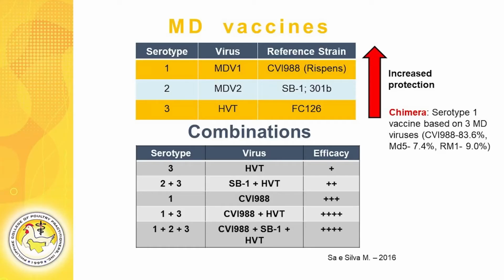So lately, a new vaccine has been introduced in some markets, and in the future we will see it in more places in the world, and it is a chimera, a serotype vaccine, which is based on 3 different Marek's disease viruses, but we could say that the backbone or most of it is based on the Rispens strain, almost 84% of it, and the rest of it will consist of other strains that were isolated from the field.